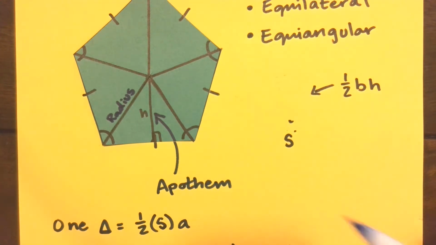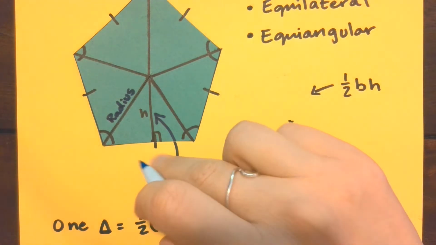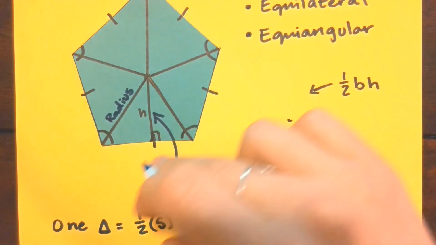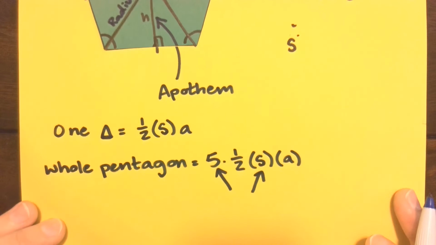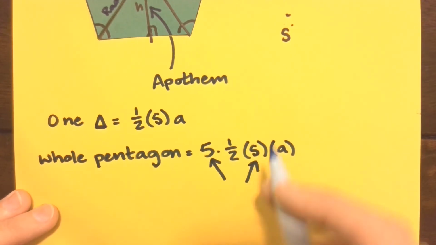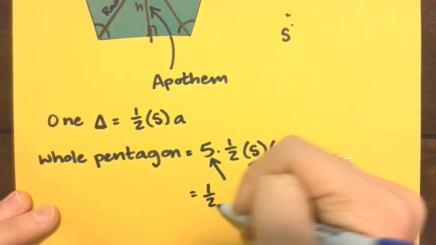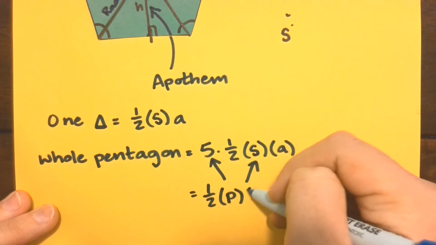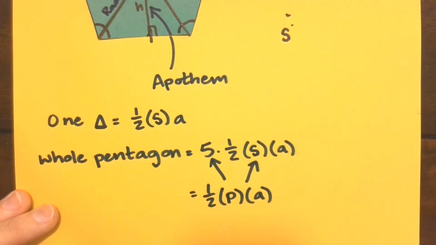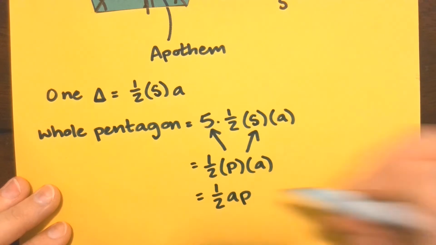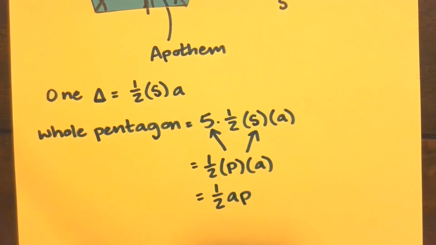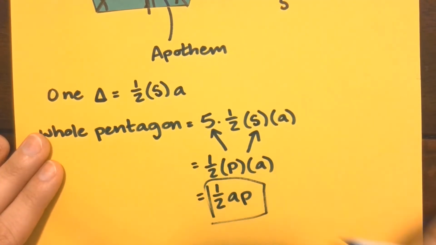I found the perimeter, because since it's regular, I would just be adding that same side 5 times. So if that side length is 10, it would be 10 plus 10 plus 10 plus 10 plus 10, which is really just 5 times 10. So this 5 times the side length is actually just the perimeter, which makes our formula 1/2 the perimeter times the apothem, or actually more likely, we switch them around and say 1/2 the apothem times the perimeter. And that is our formula.